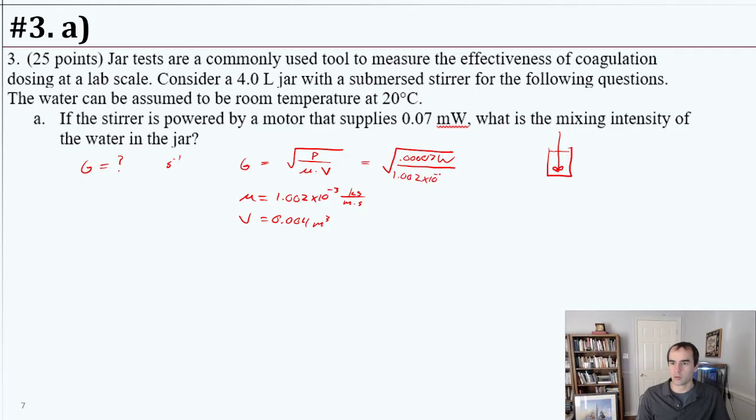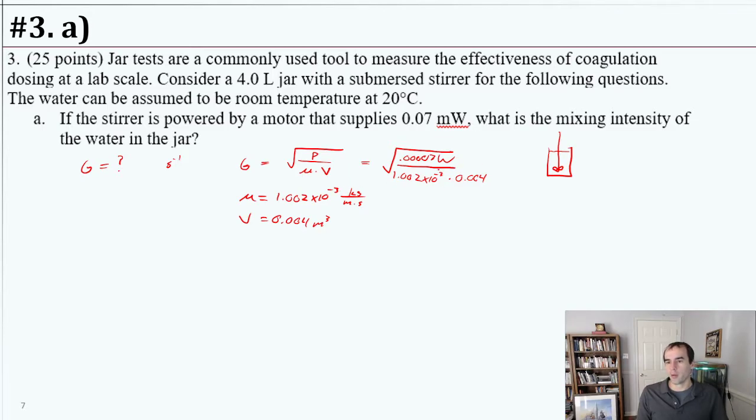So we'll put those two in here. 1.002 times 10 to the minus third, with watts, and then with kilograms, meters, seconds, and over here meters. All those units should be consistent because watts are essentially joules per second, and joules is in newtons, which is in kilograms and all that.